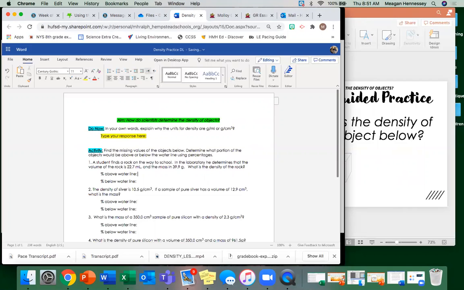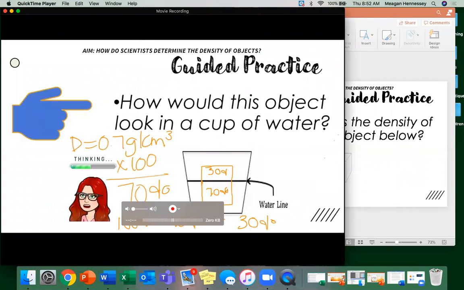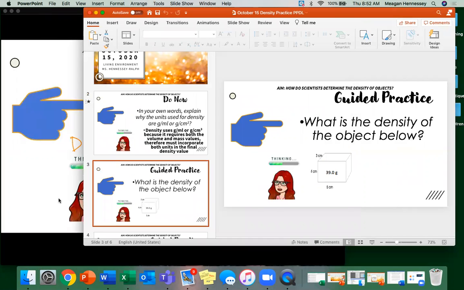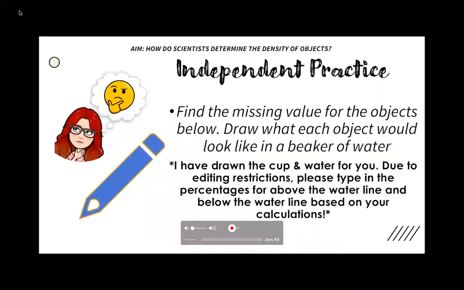In the example that we just did, our density was 0.7, and when we calculated it was 70%, that value is below the water line. So whatever your density is is below the water line. Take a couple moments to complete the worksheet, and then come back and we can talk about the wrap up.